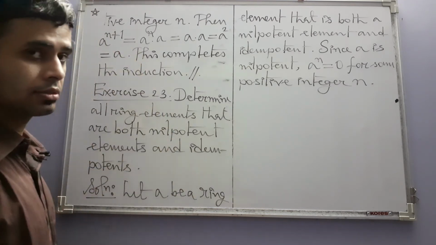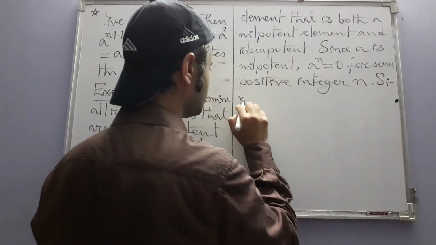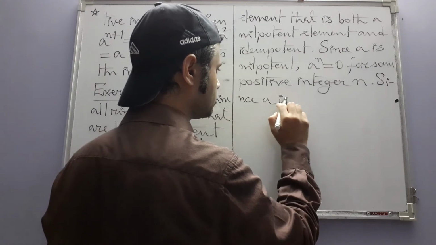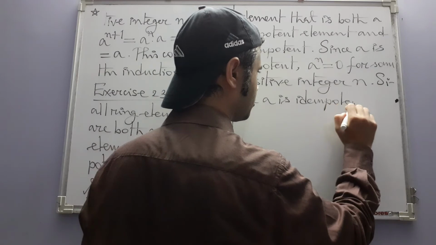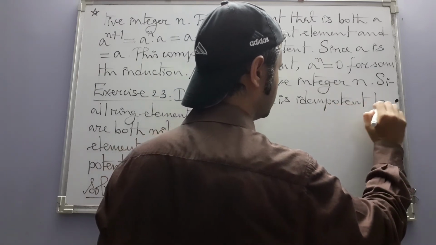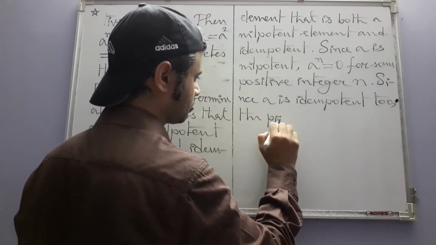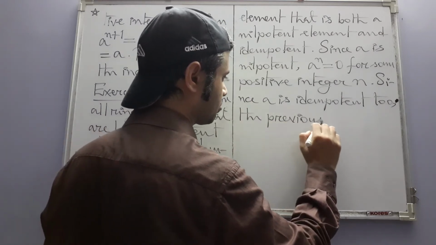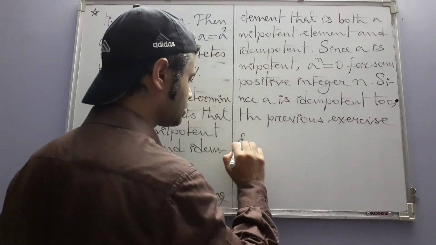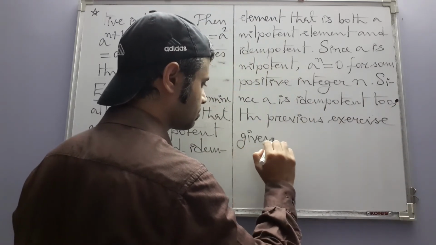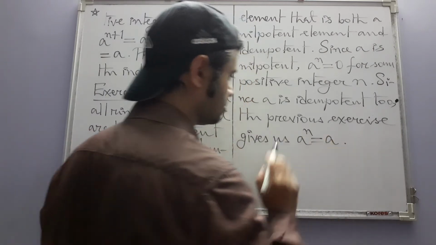of the previous exercise. Since a is idempotent, the previous exercise gives us a to the power n is equal to a.